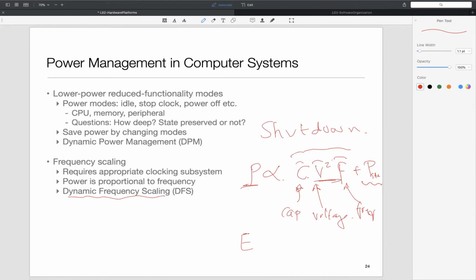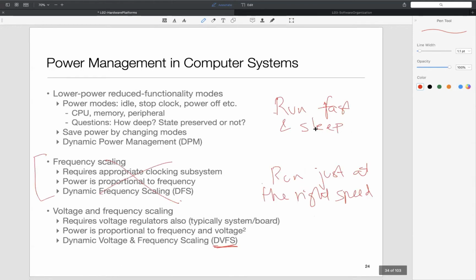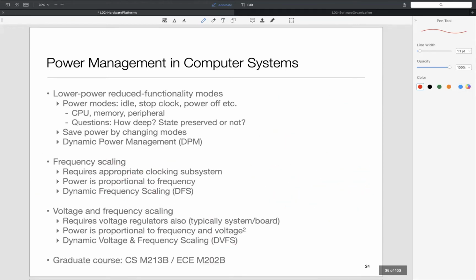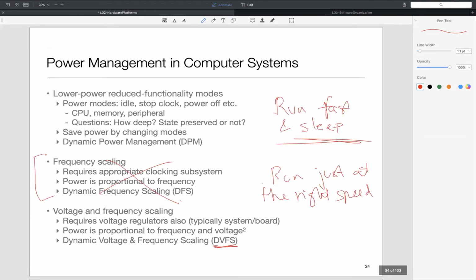If the second term dominates, then my better strategy would be run as fast as possible and go to sleep. If on the other hand this component dominates, CV square F, then DVFS is going to help you. In that case, you operate in this mode. Okay. So it depends on what kind of system you have.